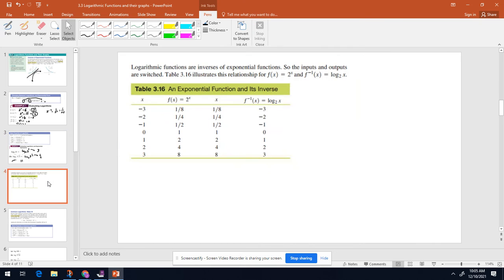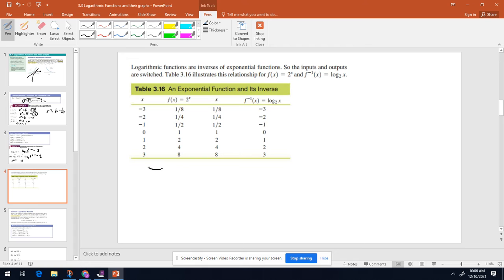I want to show you on this next slide, logarithms and exponentials are just inverses of each other. Look, if I have 2 to the x, y equals 2 to the x, and I plug in -3, -2, -1, 0, here's all the x values. Well, with logarithms, I'm plugging in 1/8, 1/4, 1/2, 1, 2, 4, 8 to get the y values.